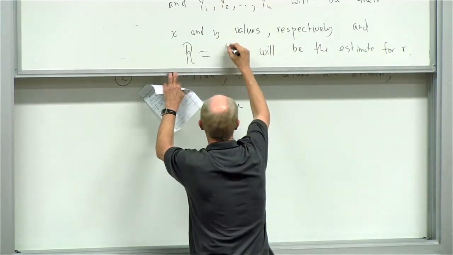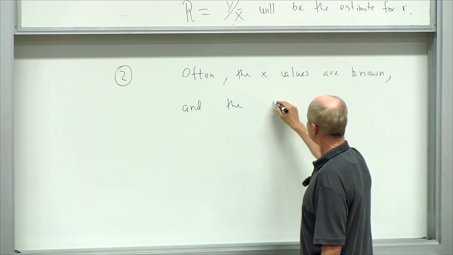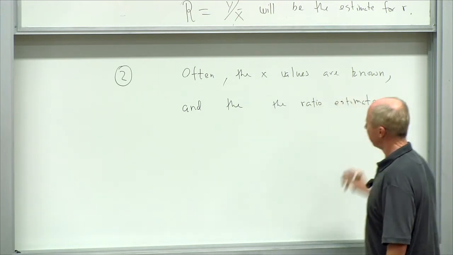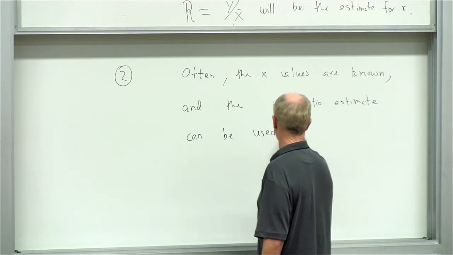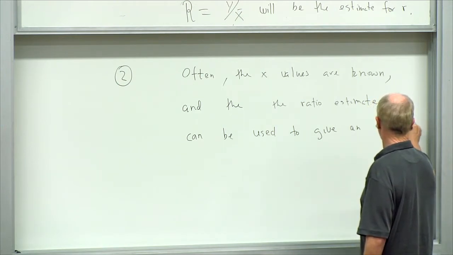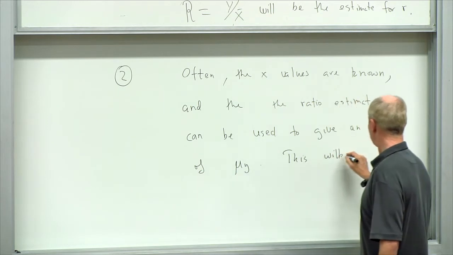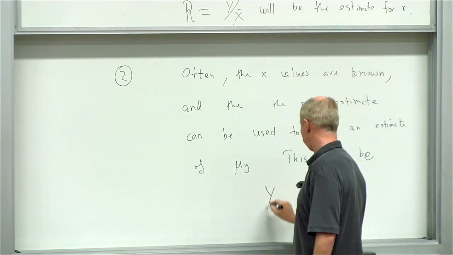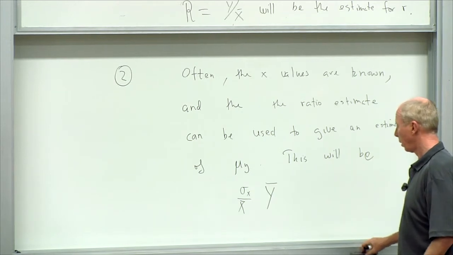This is y bar over x bar. And the ratio estimate can be used to give an estimate of mu y, that is, y bar times mu x over x bar.